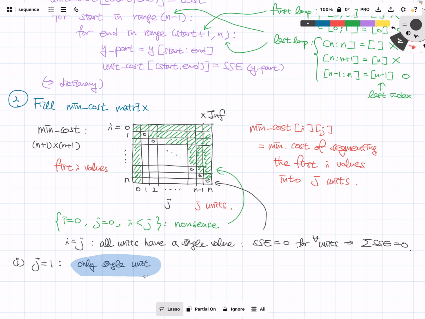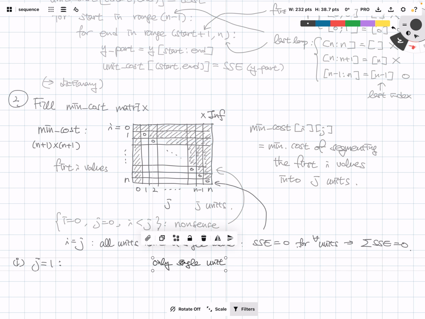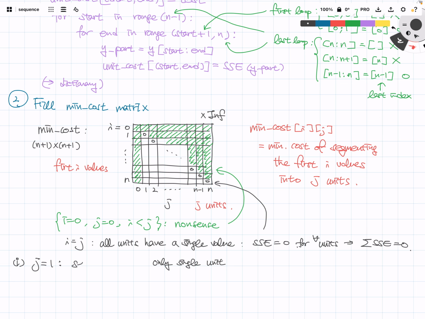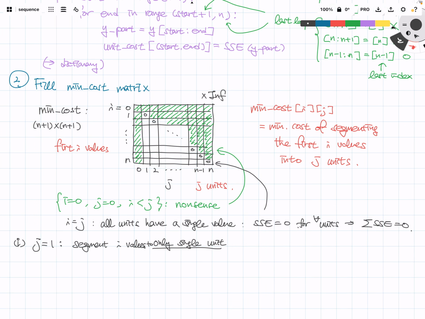In other words, segmenting i values to only single unit. So it's not segmenting. So the cost function, cost will be the SSE of that single unit.